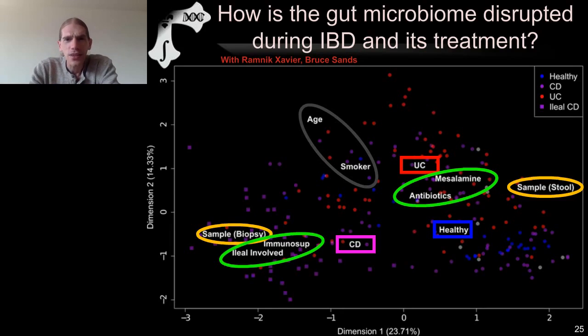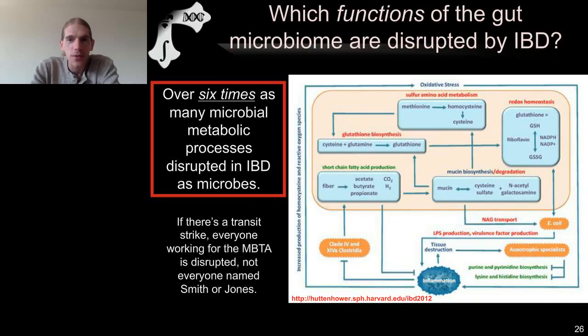But what we'd like to do is tease apart just the effects of disease on the gut microbiome. So using a multivariate analysis, we did that both for microbial taxonomic profiles and for microbial functional profiles. And this is one of the most important conclusions here, inasmuch as IBD, again, appears to be not a function of specific microbes, but of specific microbial processes.